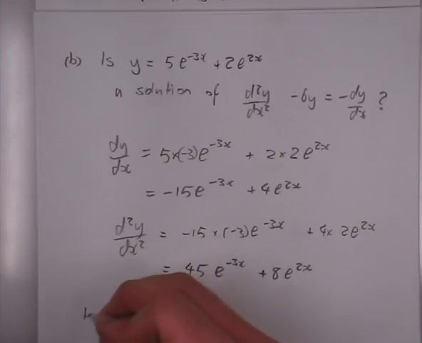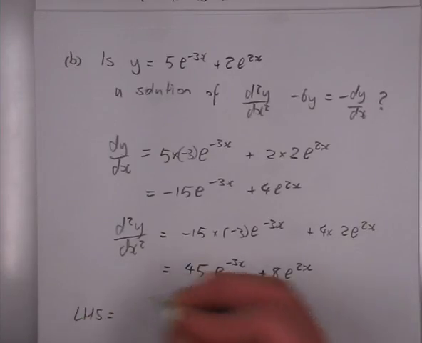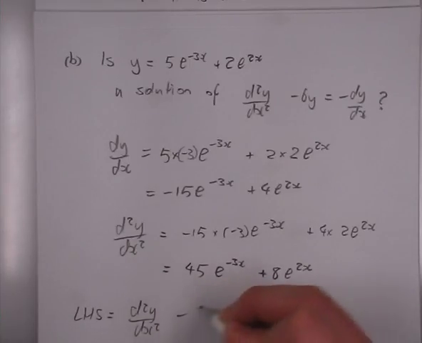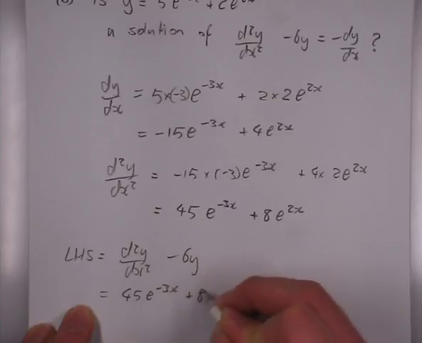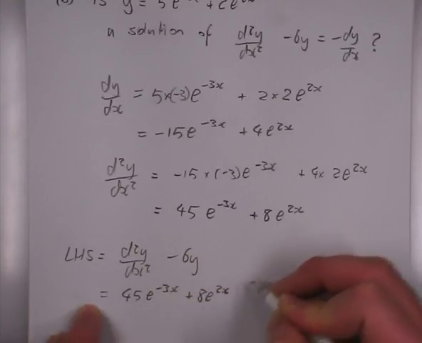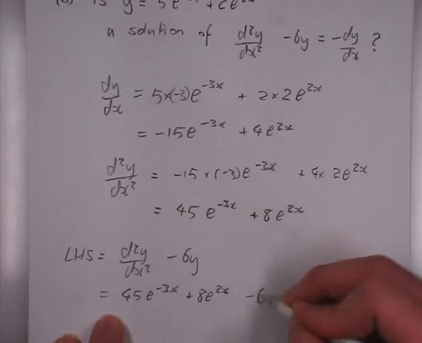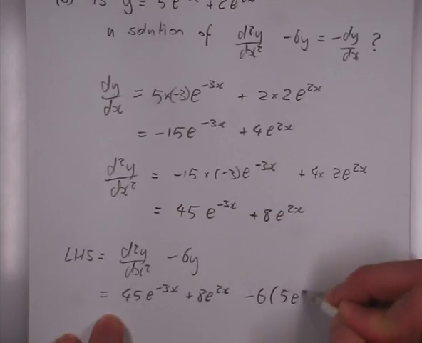So my left-hand side is d squared y on dx squared, which is this. I'll just write it again. So my left-hand side was this. The second derivative is here. Yep. And then I've got minus 6y, and y was equal to this.